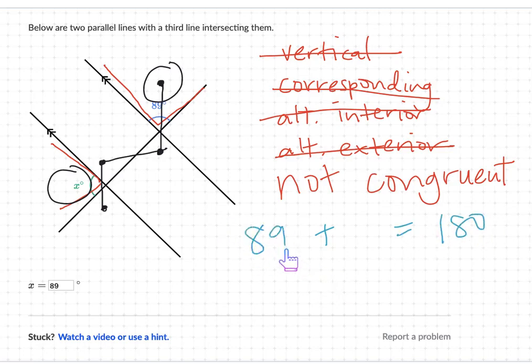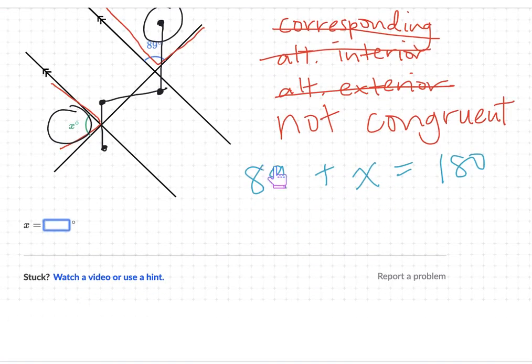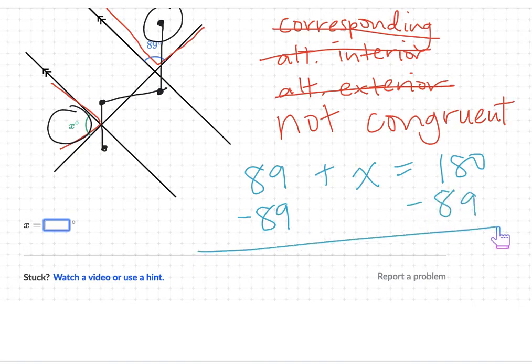So we have 89 degrees for one of them, and we have x for the other one. So we know that x is going to have to be whatever adds to 89 to get 180 degrees. So I'm going to subtract 89 on both sides. So x is going to equal whatever 180 subtract 89 is. And that's 91 degrees.